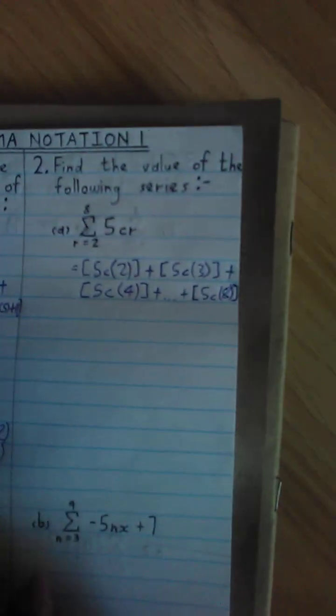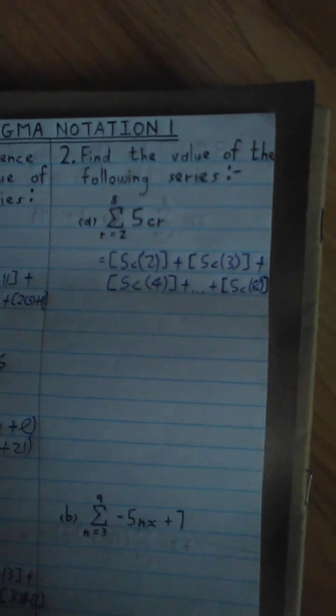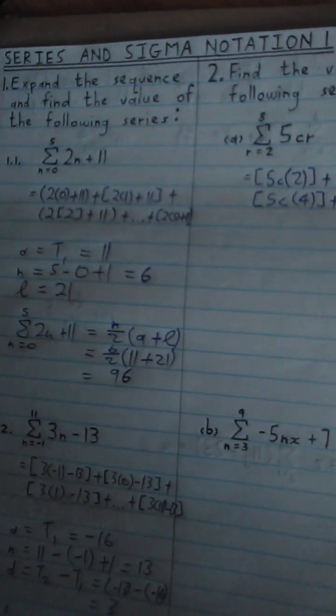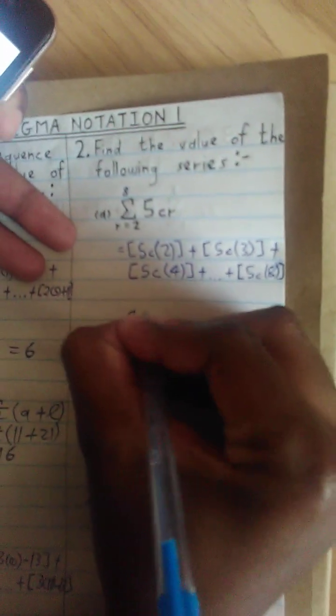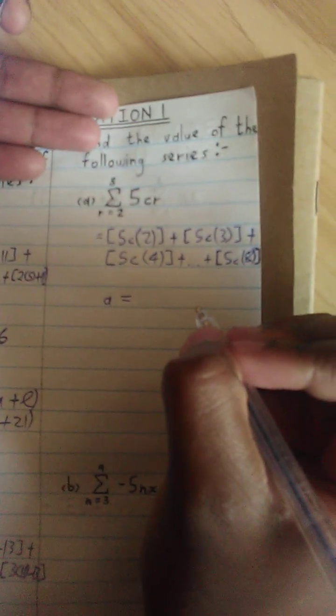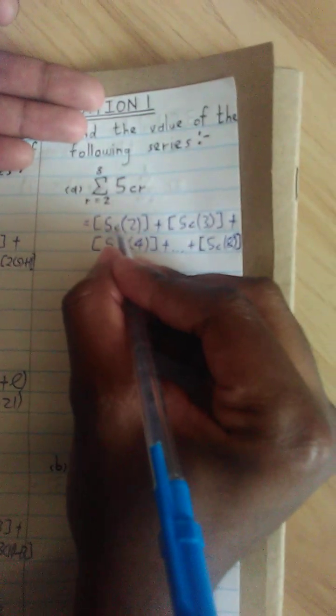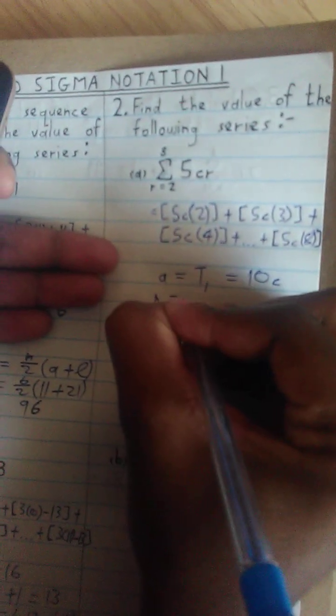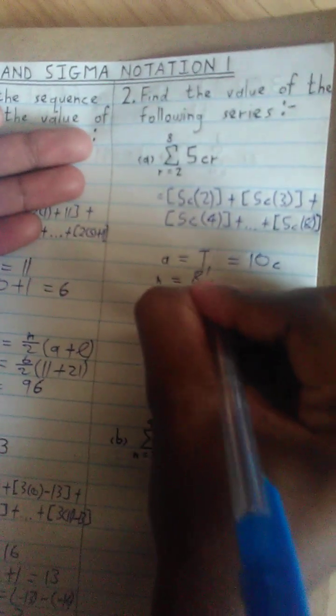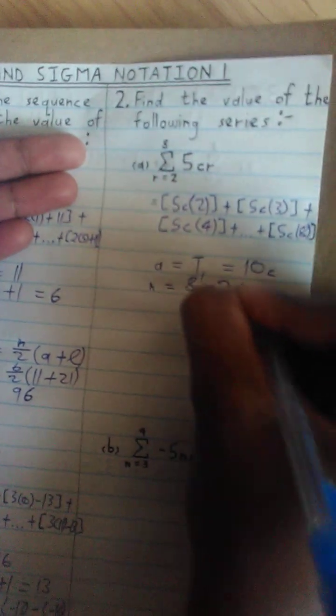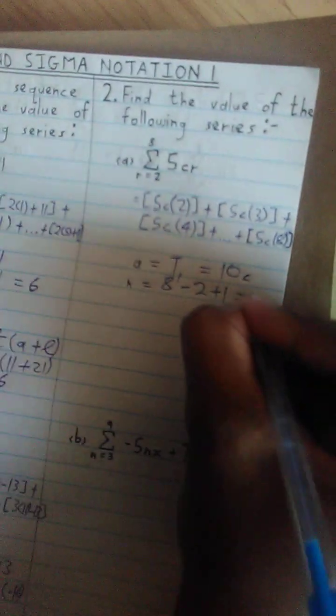Once more here, we're going to use this formula. So A is T1, which is 5C2, which is just 10. N is the upper bar, which is 8, minus the lower bar, which is 2, plus 1. So it's 6 plus 1 is 7.